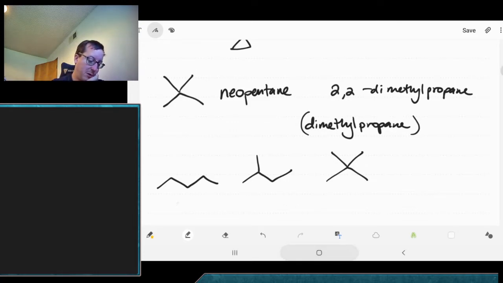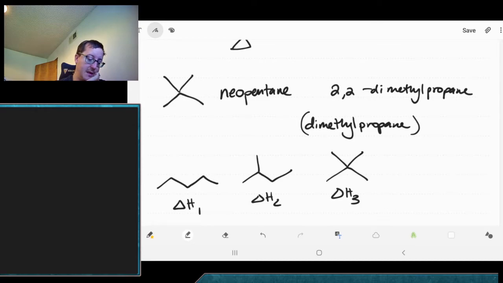And if you were to burn these and get delta H's, all of these have the same molecular formula. They would all burn the same way, make the same numbers of carbon dioxides and waters.